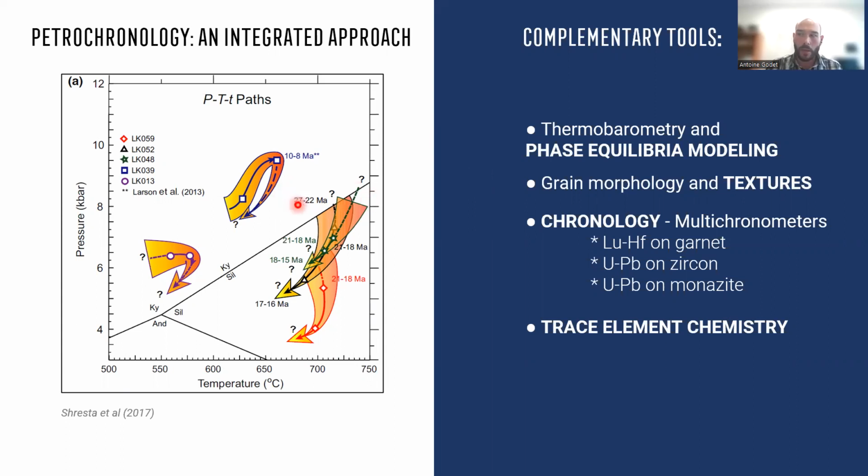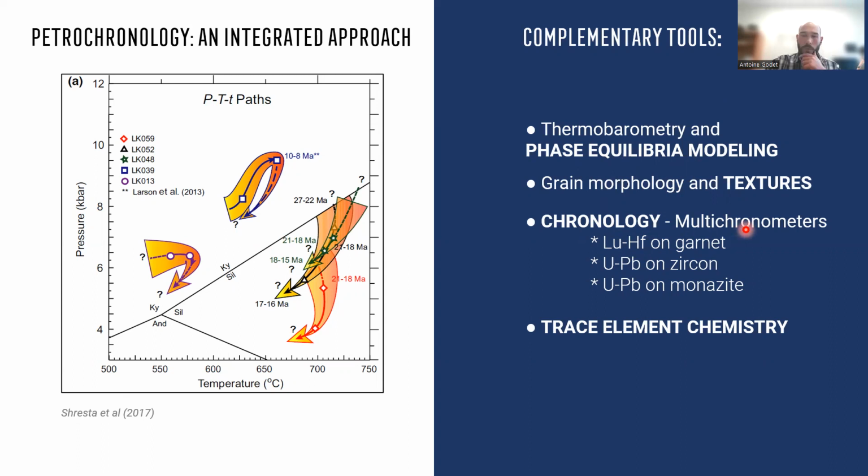The main goal is to obtain quantitative PTtD conditions to build PTtD paths. And for that, we combine a lot of tools we have. Petrography, fieldwork. We combine that with thermobarometry and phase equilibrium modeling. We also look at the grain morphology and textures. And we involve different chronometers.